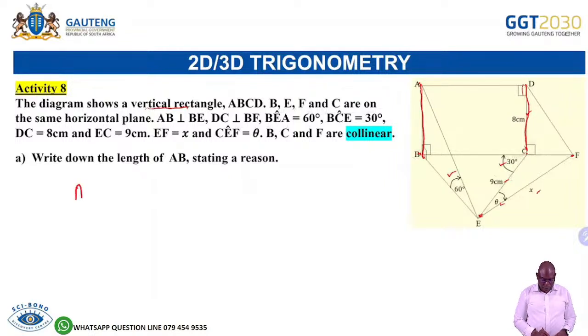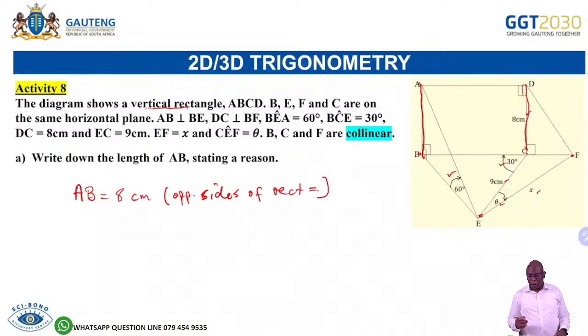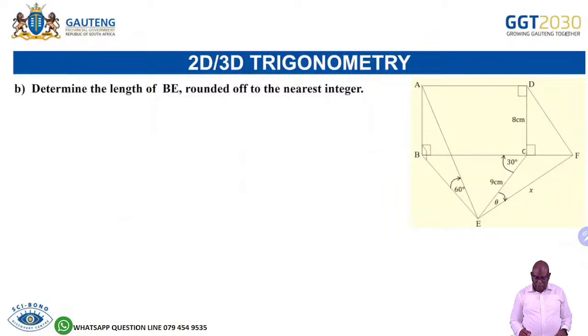So AB is still going to be 8 centimeters. Opposite sides of a rectangle are equal. Okay, right. So that question is done. So I know that AB is 8 centimeters.